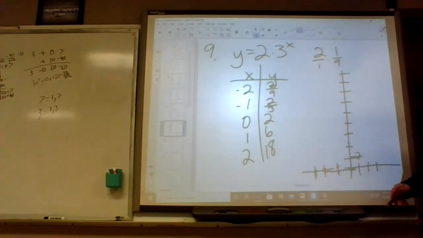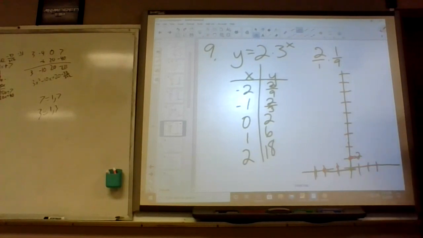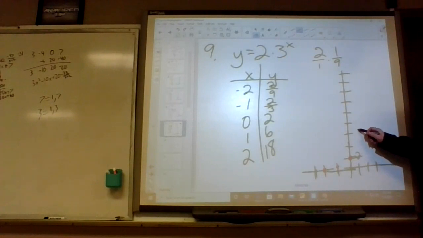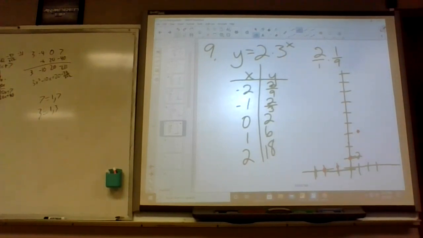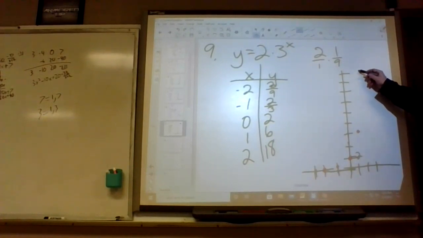And then 0, 2, so 2 remember was our first mark. If you're counting to 18, you don't have to worry about that. So where's 1, 6 at? 3 marks up. I went all the way to 18. Where is 2, 18? Well, that's the top of my graph.